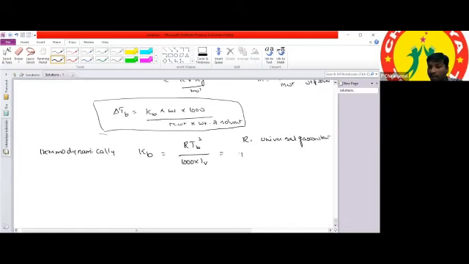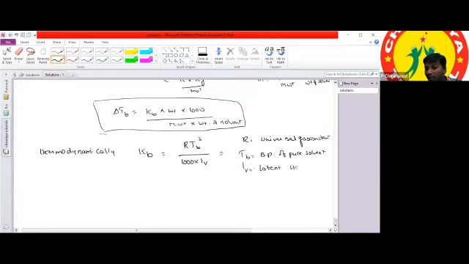What is Tb? Tb is the boiling point temperature of the pure solvent. Lv is the latent heat of vaporization.